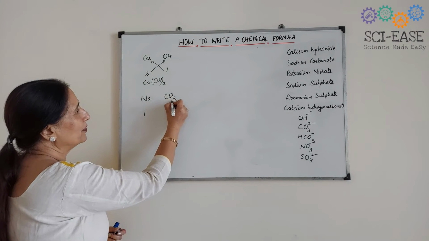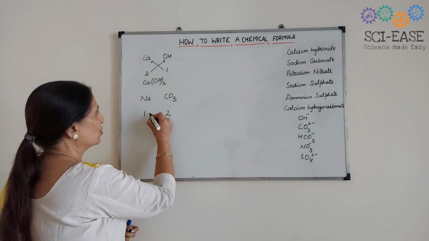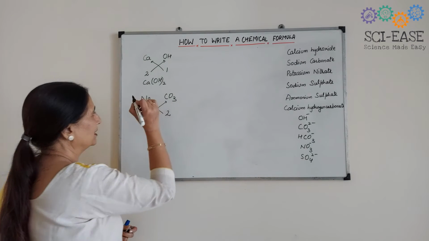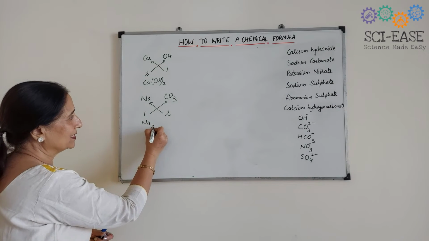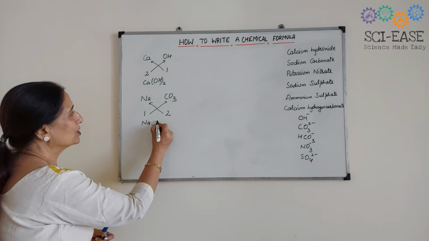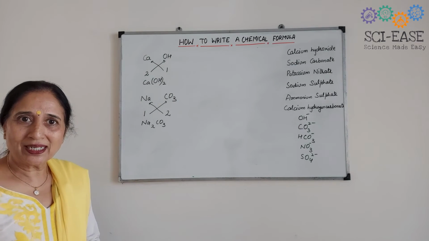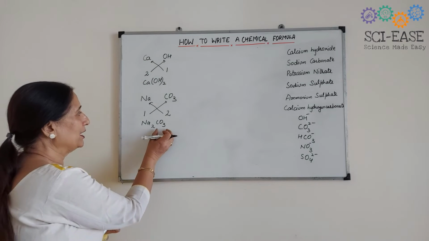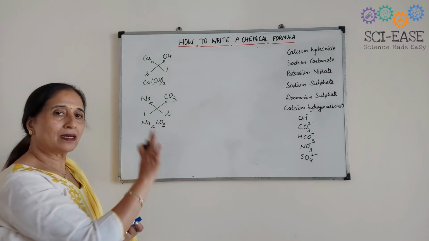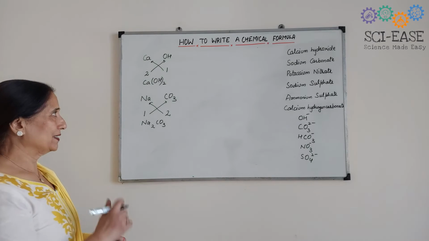Carbonate, CO3, I have told you it has 2. So what you will do? The valency of carbonate is written here, Na2, CO3 1. So no need to write 1. If it is 2 or 3, then you are to write the polyatomic ion in the brackets. Otherwise, no need to write this polyatomic ion in the bracket.